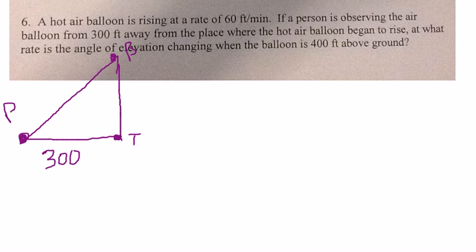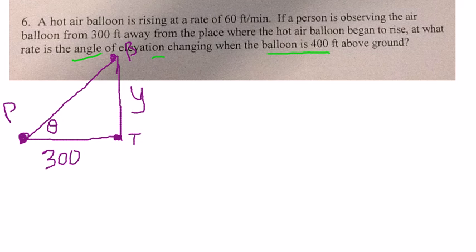This variable over here is changing. I'm going to call it y because it's height. Notice it asks at what rate is the angle of elevation changing when the balloon is 400. So I have to label theta first. So this is going to be my theta.